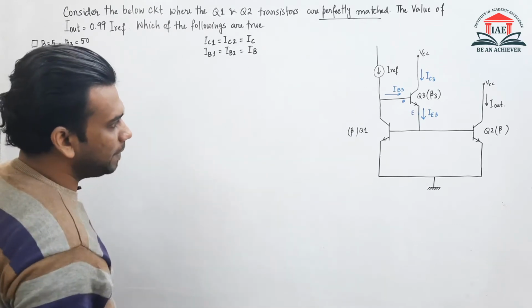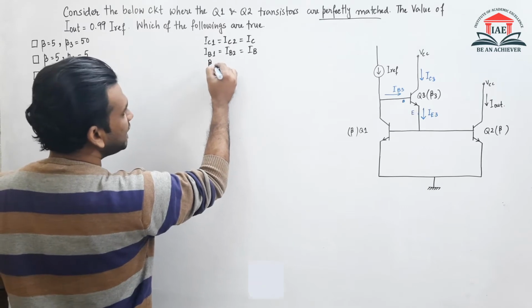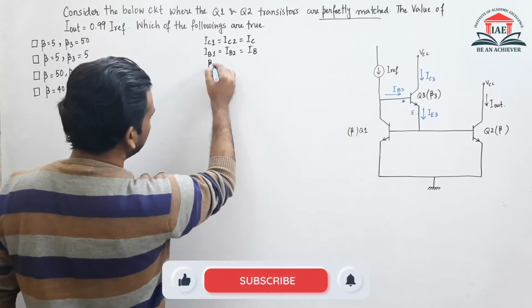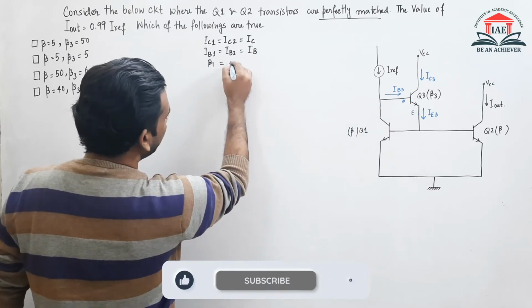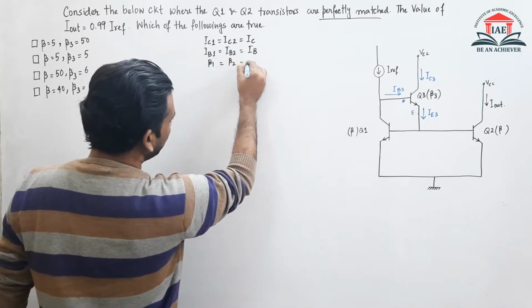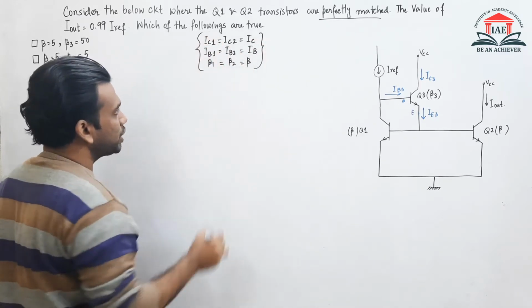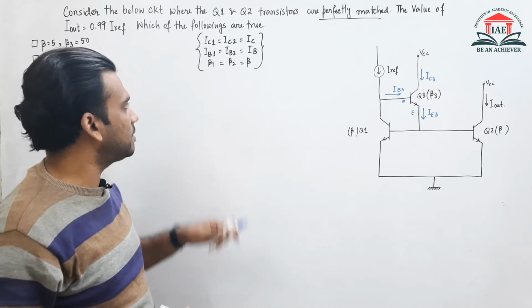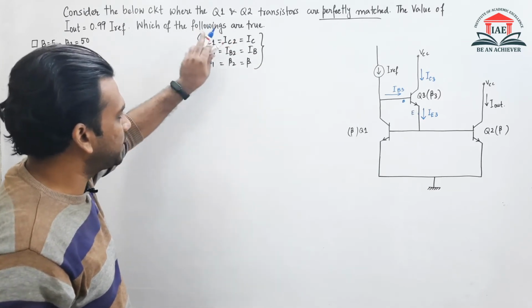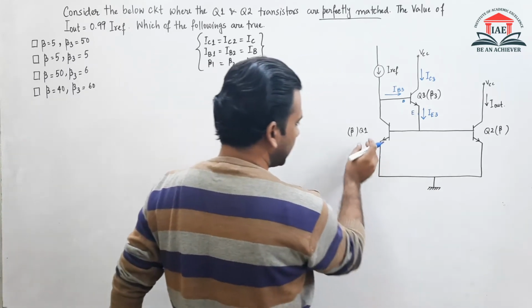Similarly, we can also say that beta 1 of transistor Q1 and beta 2 of transistor Q2 are the same and equal. Because the question says Q1 and Q2 are perfectly matched, these parameters will be the same. Right now, let us denote the current components of Q1.